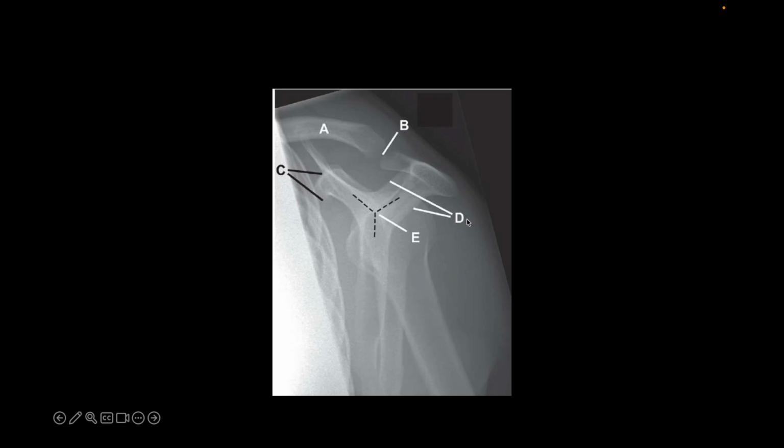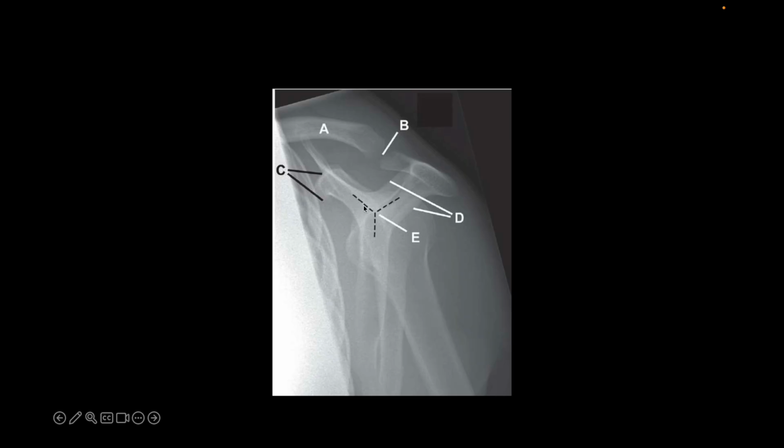This is another Y view, and going back to what we just talked about, let's see what's articulating with the clavicle. And so this is the acromion, which they haven't pointed to, but they have labeled the clavicle. The joint between the two would be your acromioclavicular joint. C would therefore be your coracoid process. Remember, the most anterior bony process on the Y view.